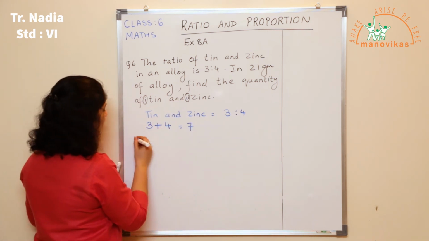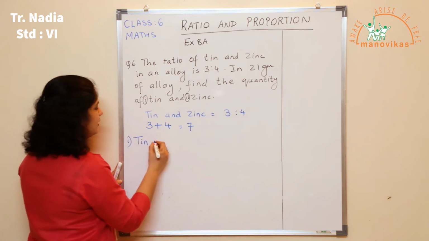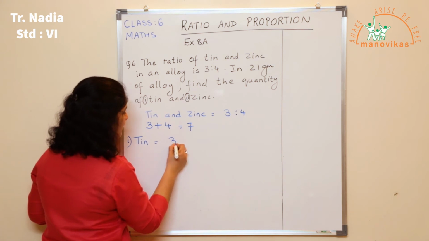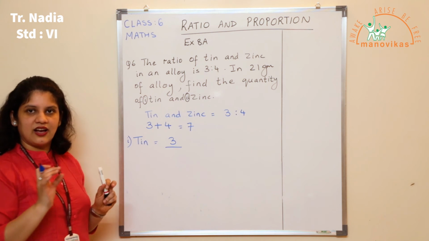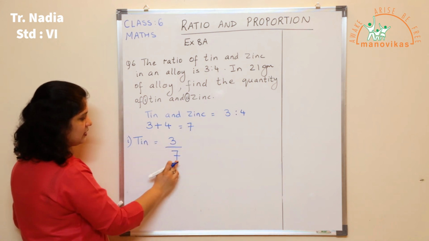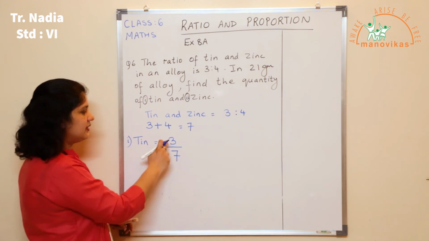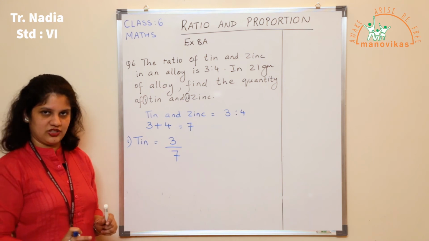Now, how do you find the quantity of tin? Since there are 3 parts of tin in the alloy, so out of the 7 parts, 3 parts are of tin. So I will say 3 out of 7. The total is 7, so that comes in the denominator. 3 out of the 7 parts are tin. So I got a fraction.